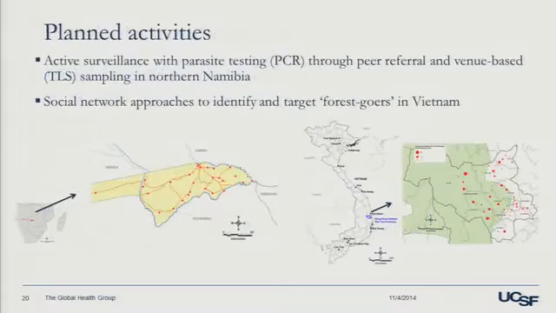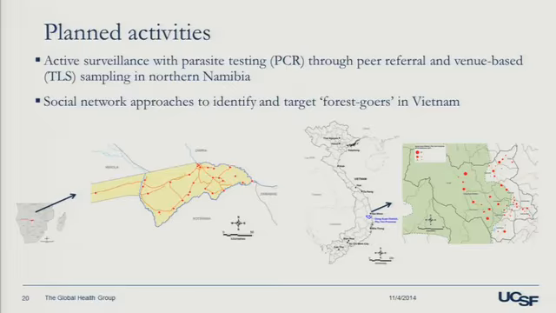So some of our planned activities, just quickly. We have ongoing and planned research in some areas where these populations are a concern. These include northern Namibia, where we're planning active surveillance activities through peer referral, similar to what I mentioned in Swaziland, but also using PCR parasite testing, and then venue-based sampling.